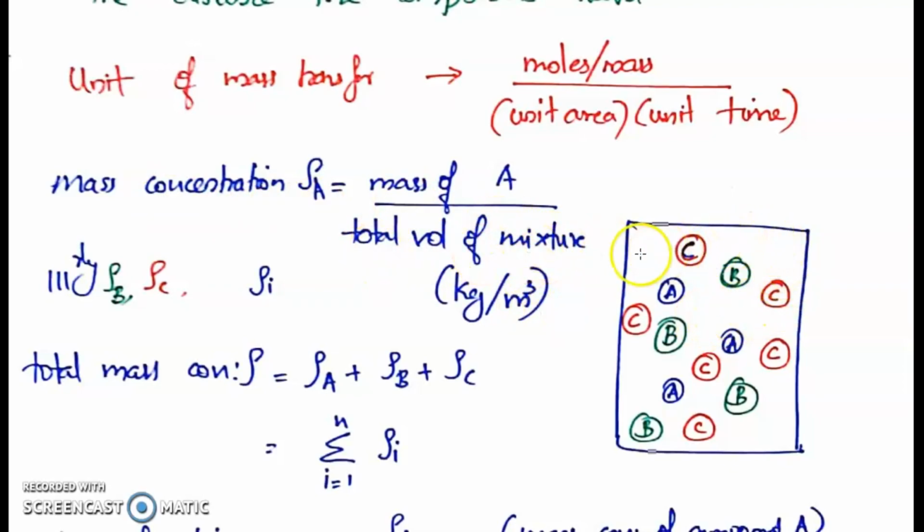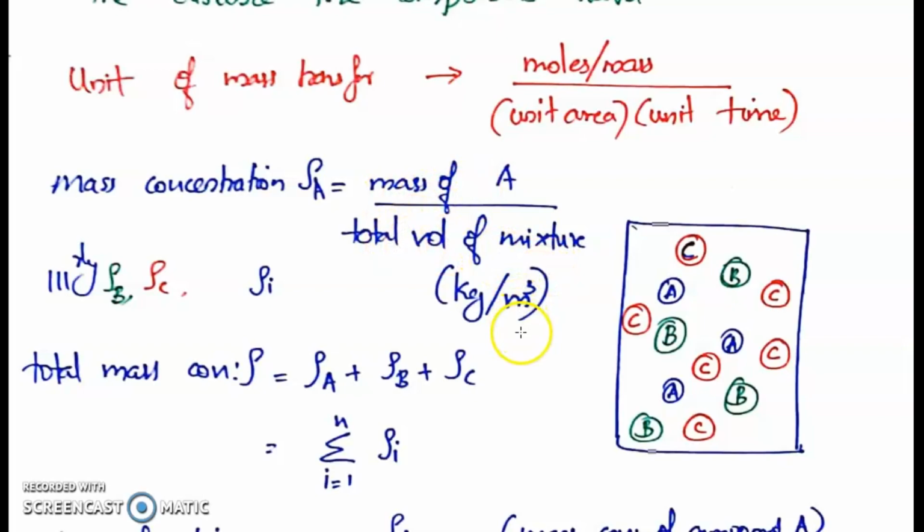The total volume of the mixture will be the volume of the container, since these are gas molecules, and mass of A means the mass of all the A molecules together. If I somehow manage to separate these A molecules and take their mass, that mass is what I'm talking about here. So mass concentration rho A is equal to mass of A by total volume of mixture.